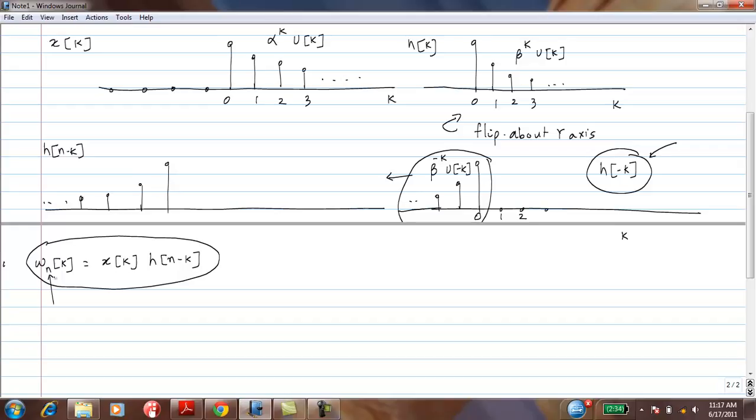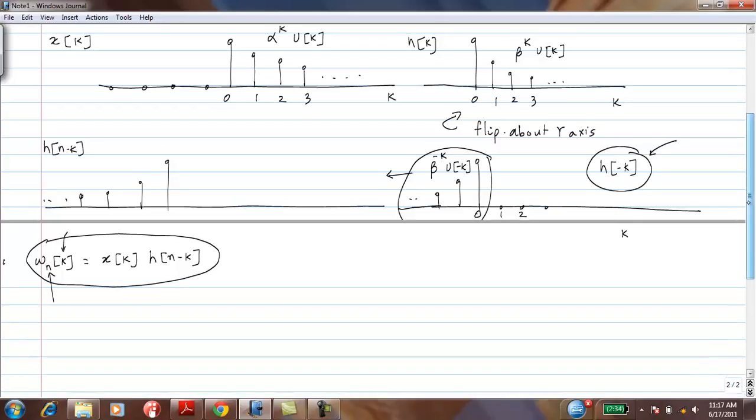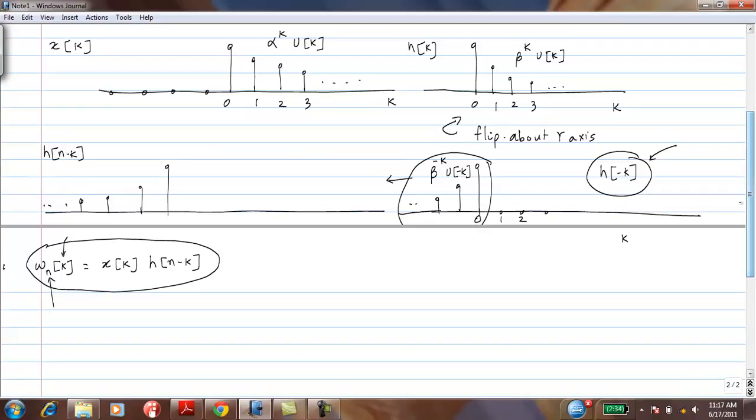But remember, n should just be treated as a constant, and w_n of k is really a signal with independent variable k. We will take the summation over k of w_n of k in order to get y of n. And you will see as I proceed in this problem how some of this works out.